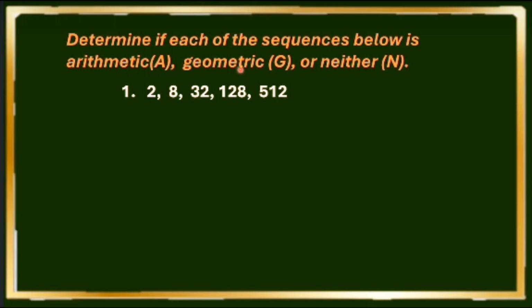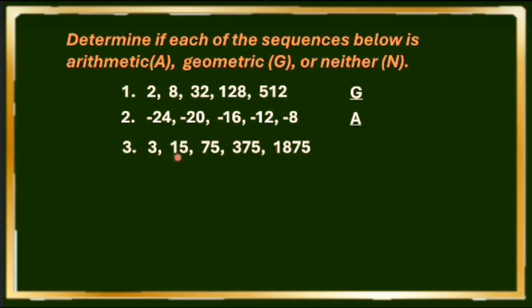If neither of this is applicable, then it's neither arithmetic or geometric. Now this is times 4. Okay, so it's a geometric sequence. This is adding 4. Adding 4 is the pattern. Therefore, this is arithmetic.